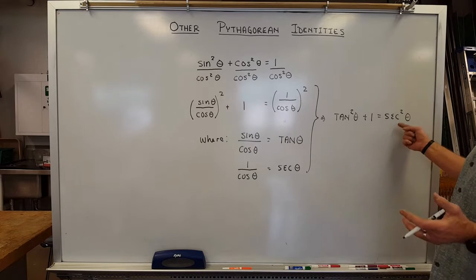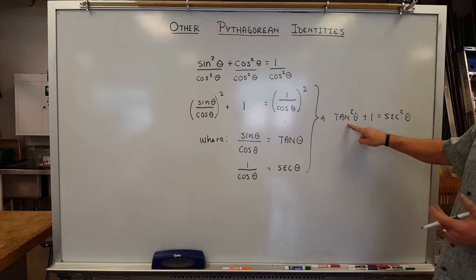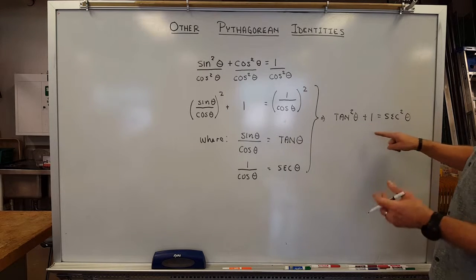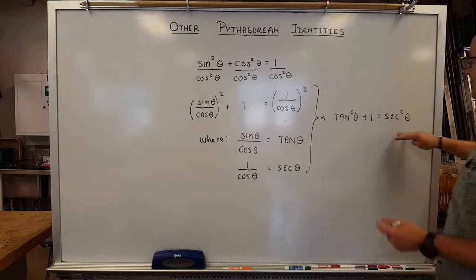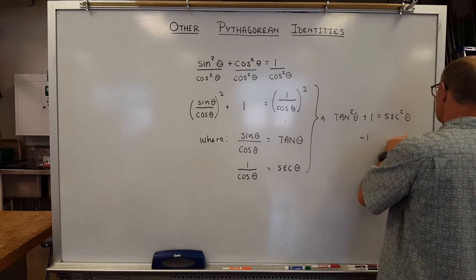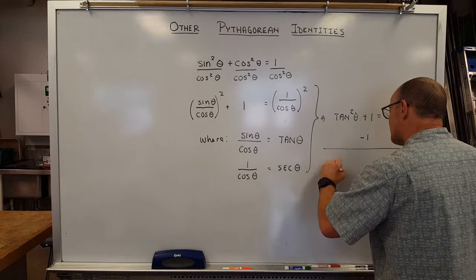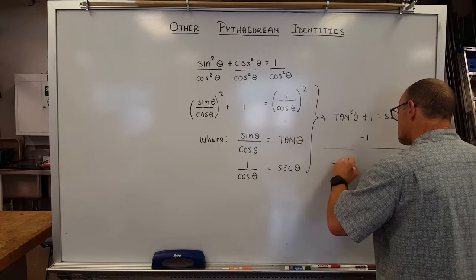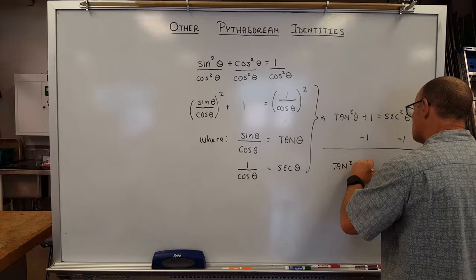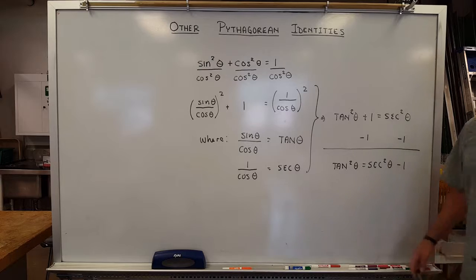If, instead of having secant isolated, we have the tangent isolated, we may want to rewrite this identity by subtracting 1 from both sides to yield another identity, which will be that the tangent squared of theta is equal to the secant squared of theta minus 1.